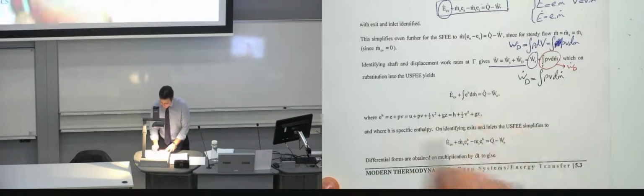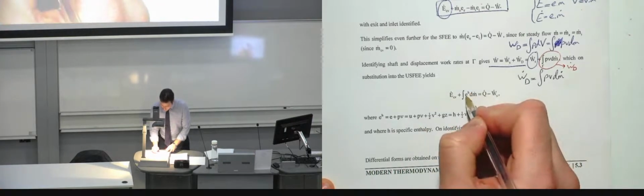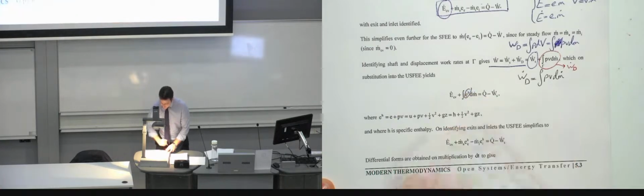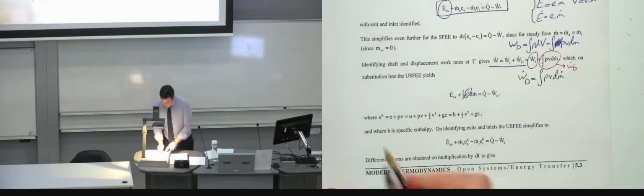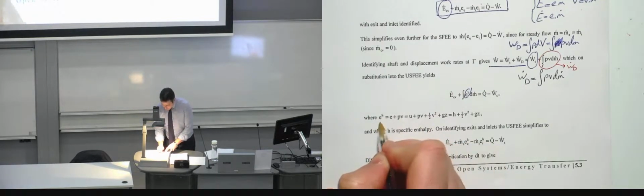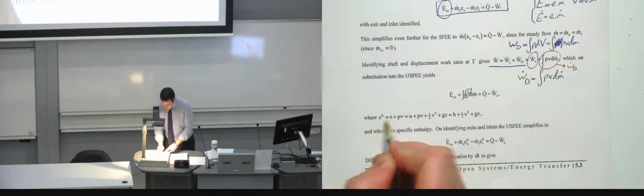Now, what you see here is that the E has now the superscript H, and this is the new term which we introduced, and what it really signifies is that E^H has two components.